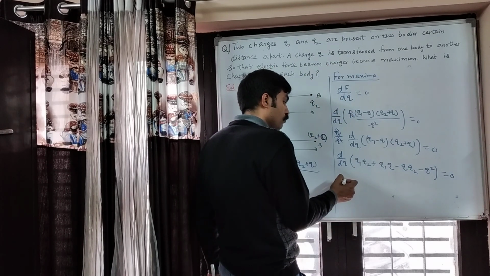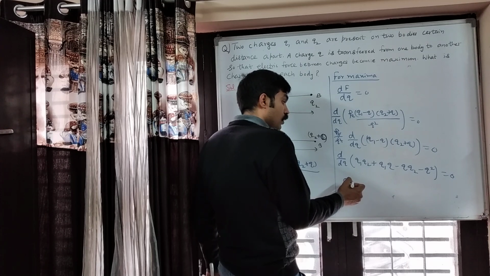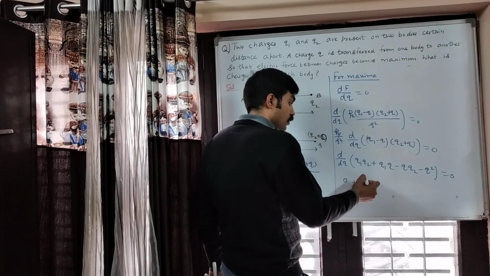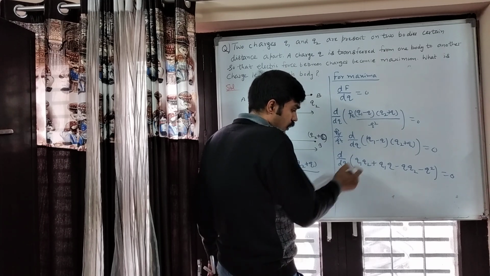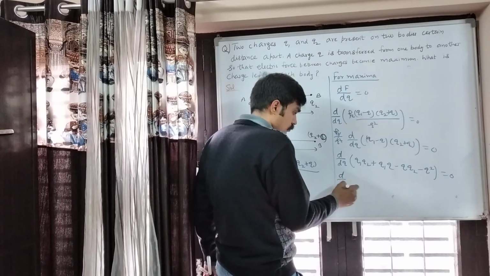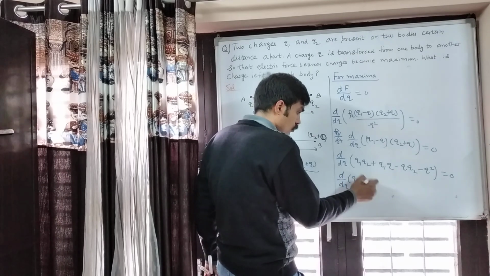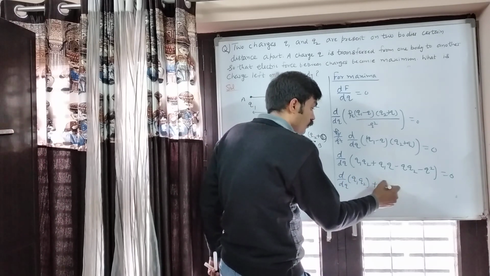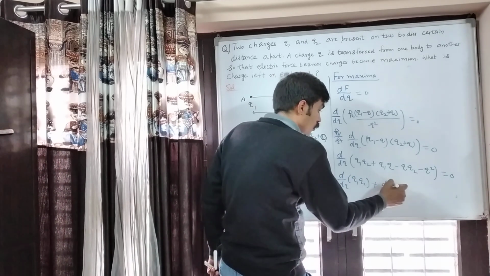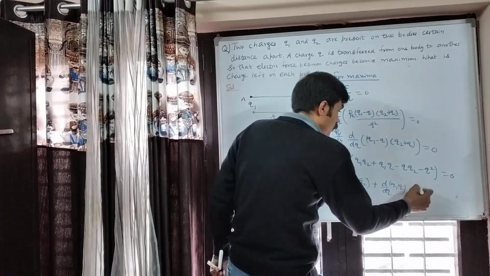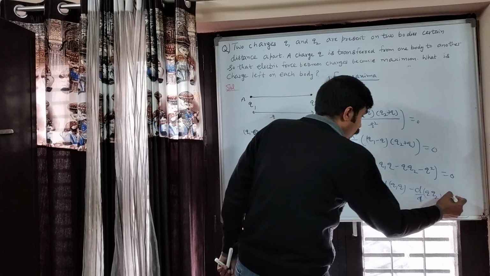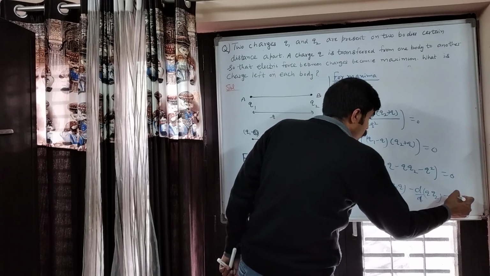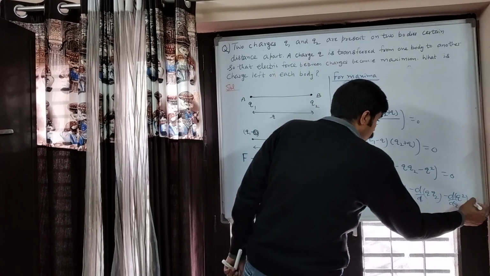Derivative of Q1 Q2 is 0, plus, let us write some steps. Derivative of Q1 Q2 plus derivative of Q1 Q minus derivative of Q Q2 minus derivative of Q square should be equal to 0.